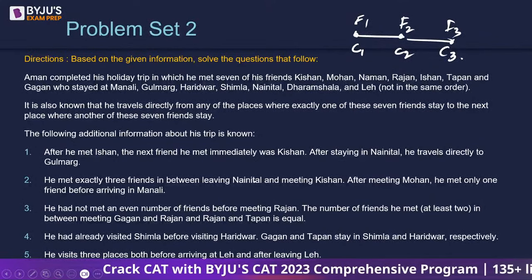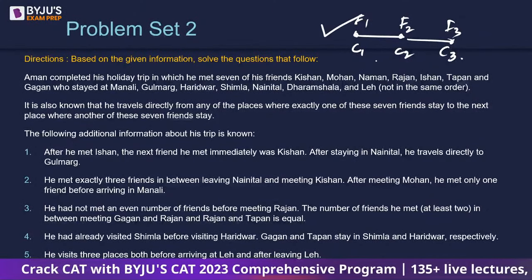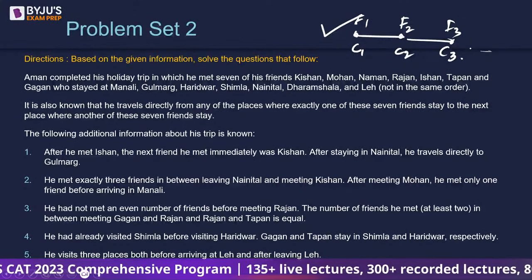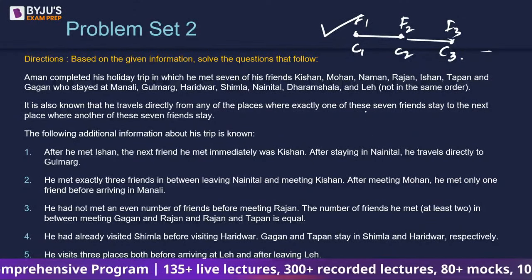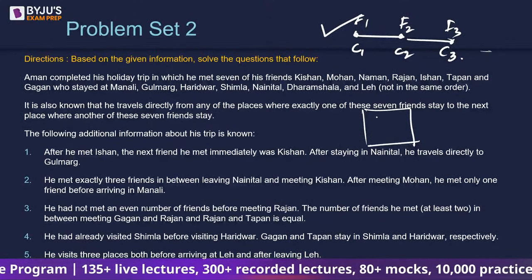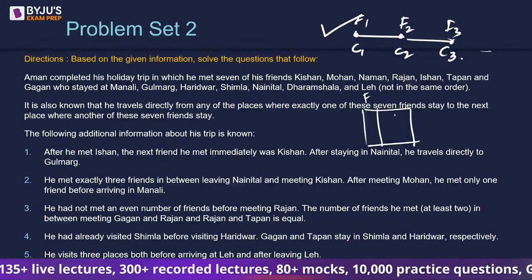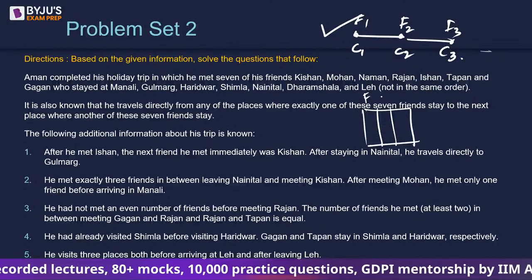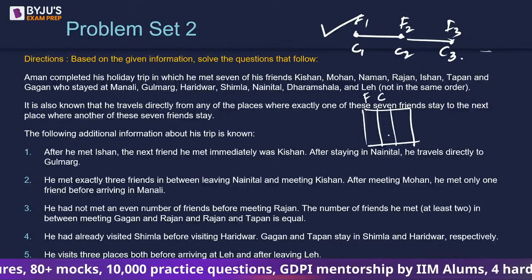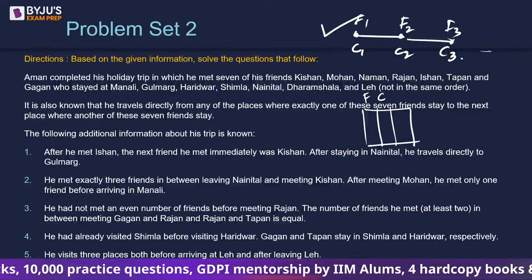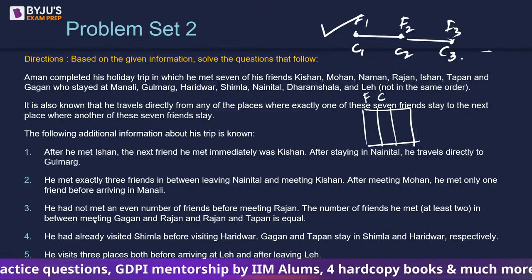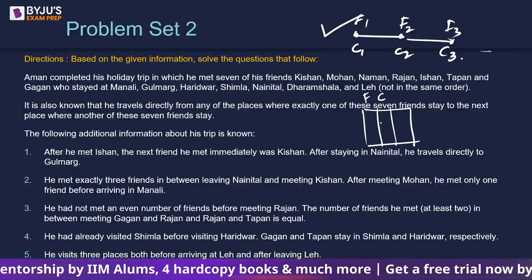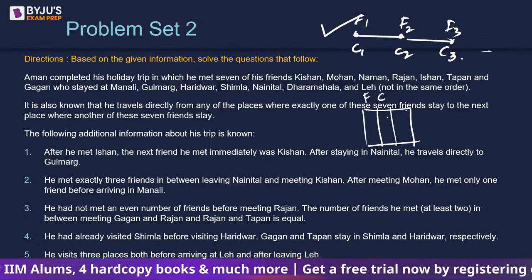So there are 2 ways to solve this. We can write down everything as a timeline like the one that I have drawn, or we can draw a table and say which friend he met and which city that friend lived in, so that we can get to know which city he visited.